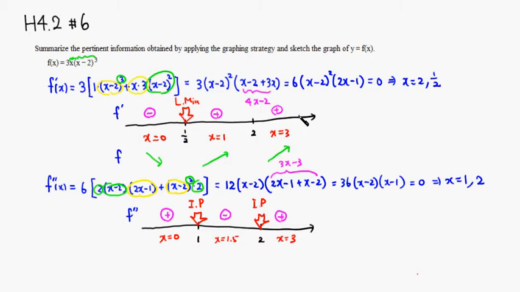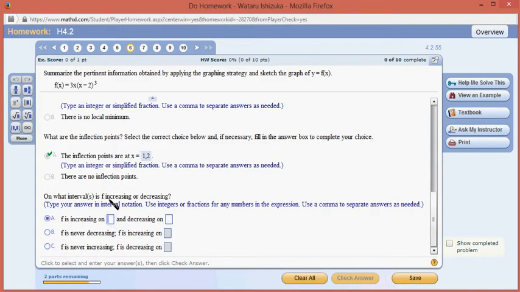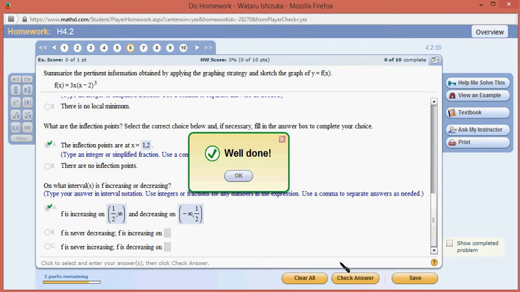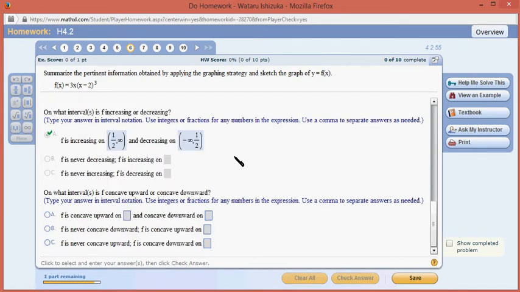After that, it's increasing, so increasing on 1/2 to positive infinity, and decreasing on negative infinity to 1/2. Let's check the answer. We got that.